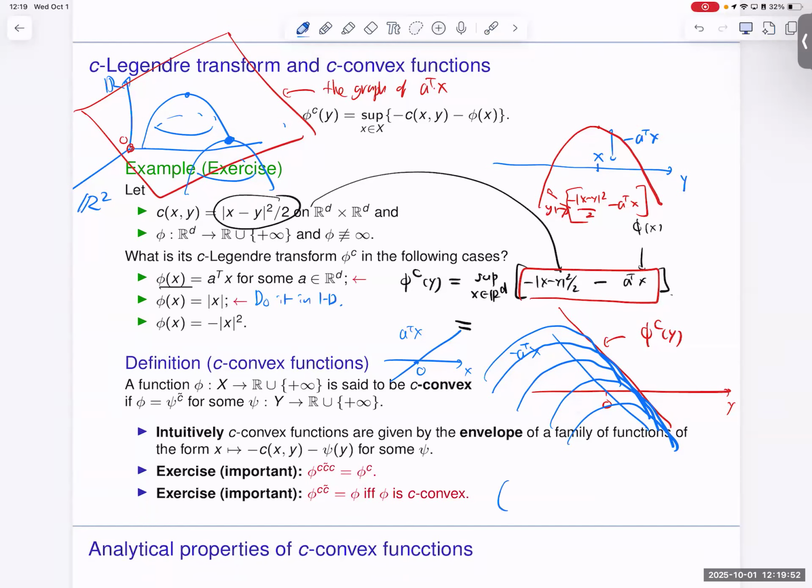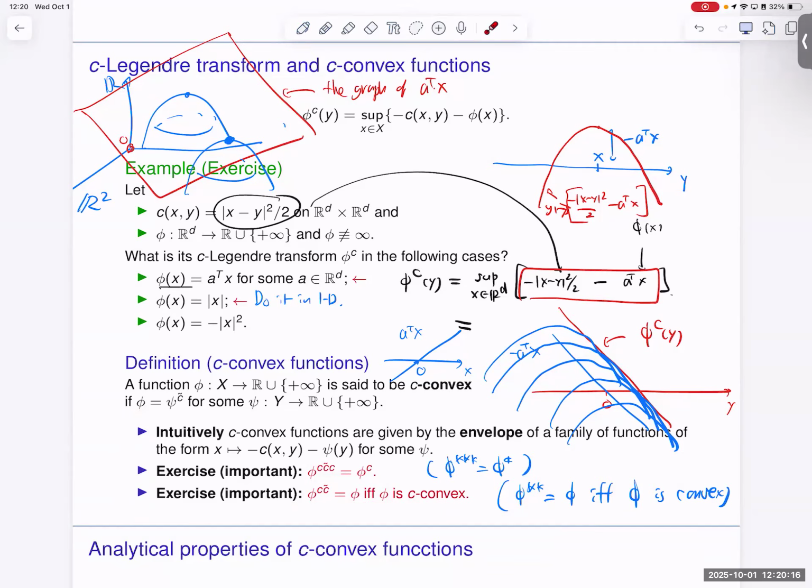So phi double star is phi if and only if phi is convex. And the counterpart for the C-Legendre transform is that phi triple star is the same as phi star, as for the Legendre transform. So do this exercise.